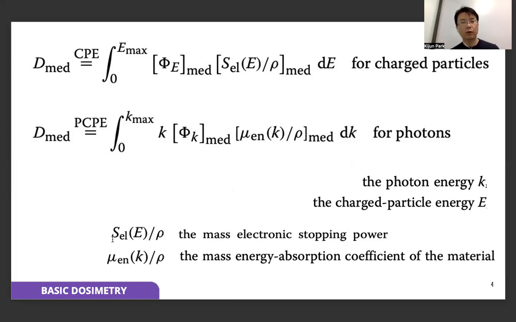For photons, instead of the stopping power, we put in the mass energy absorption coefficient of the material integrated over the energy range, under partial charged particle equilibrium, in other words, transient charged particle equilibrium.